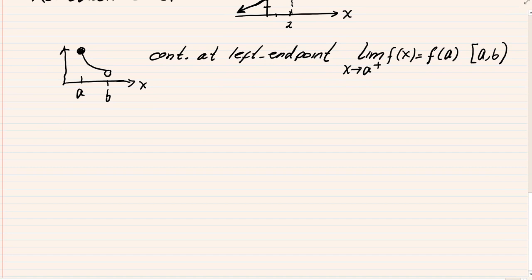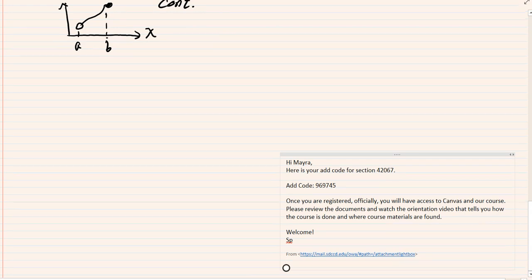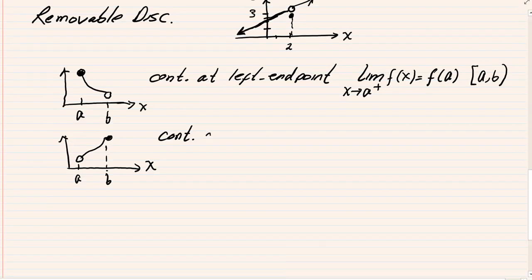Now what about continuity at the right endpoint? So suppose I have a graph like this now. This would be continuity at the right endpoint. So notice now b is included and point a is not included on the graph of the function. So here's a case where we have a function that is continuous at the right endpoint.